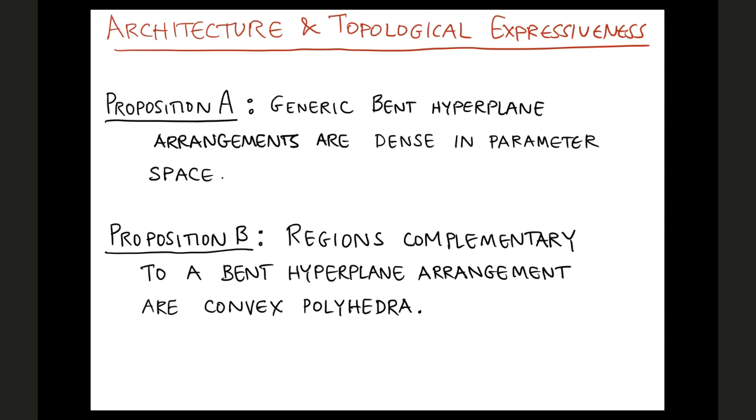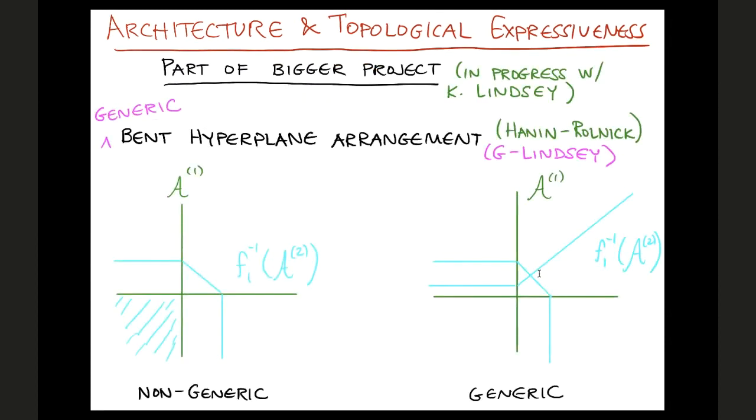Yeah, I mean, the difficulty, of course, is that, as you see from this example here, one thing that you might like to do is say, okay, if you look at a particular bent hyperplane like this one, can you see my cursor, by the way? Yes.